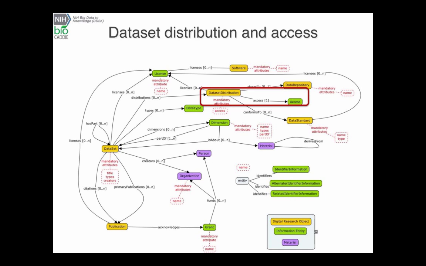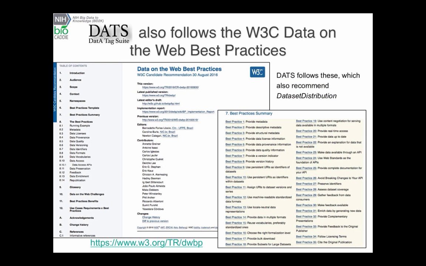The access metadata information and all the properties come from working group 7 that George co-chairs, which has now become part of DATS. It's an important element of the data set distribution because we came across a very recent set of W3C recommendations, released on August the 30th.